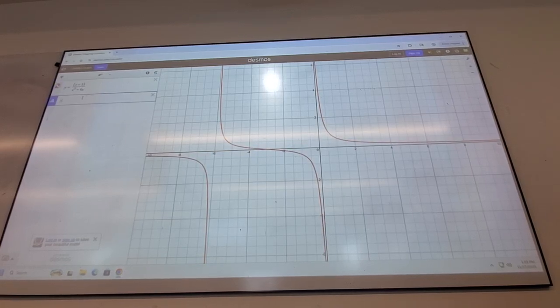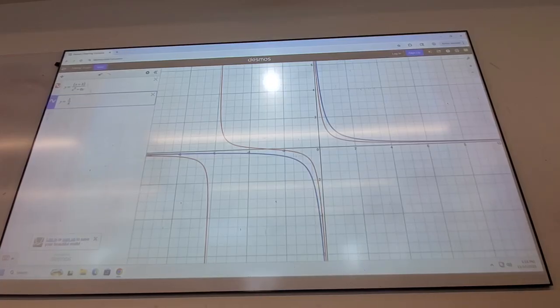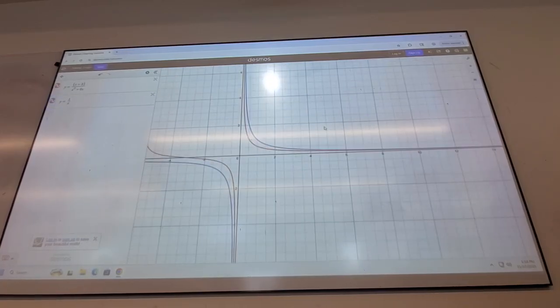And then if I compare that to 1 over u, 1 over x in this case. It's going to be a little bit weird. It's going to be okay.